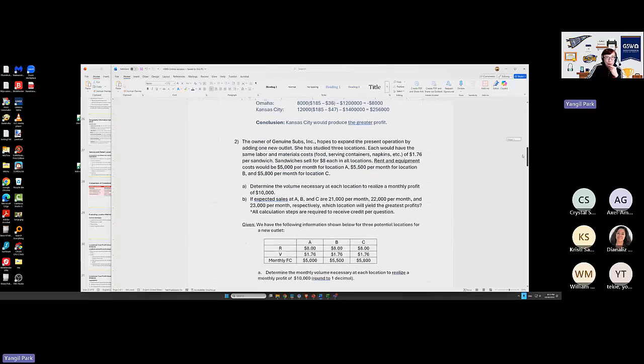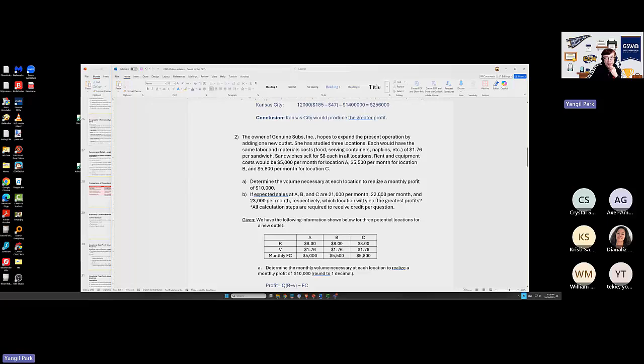And the second one is similar, in terms of those variables, the costs, the price and the variable costs. But this time we have a sandwich shop considering new locations A, B, C, and those costs and prices are known just like that, and there are also fixed costs for the different locations.